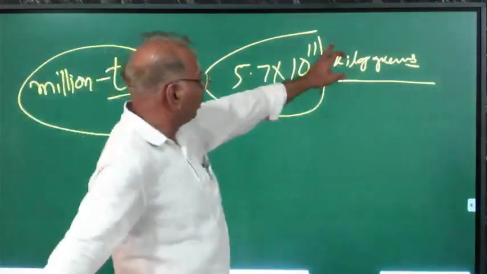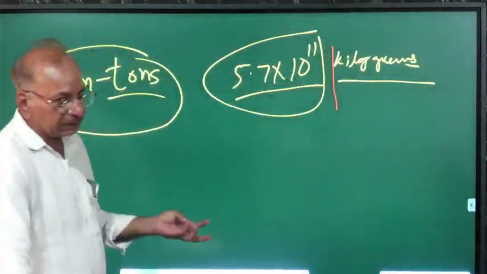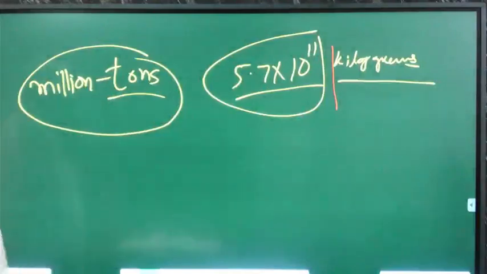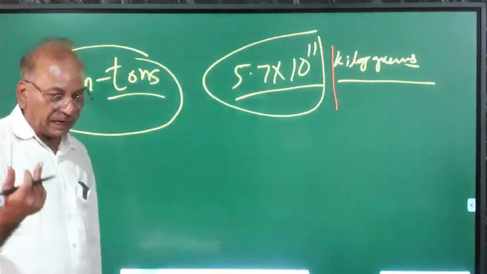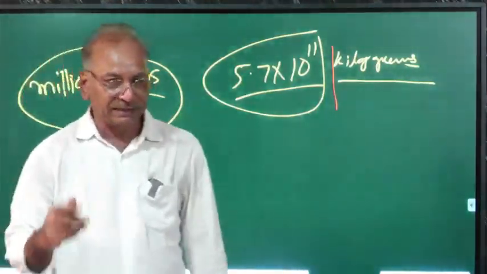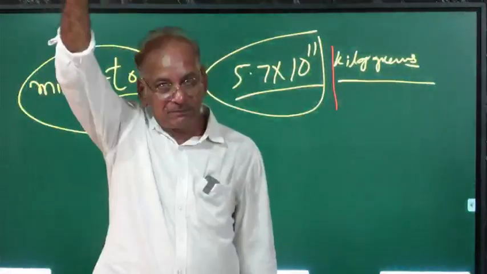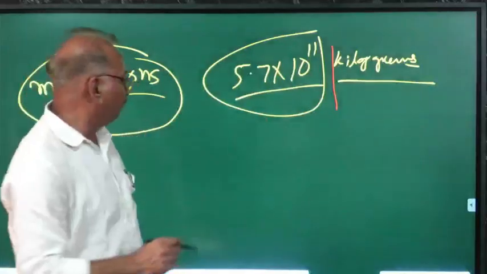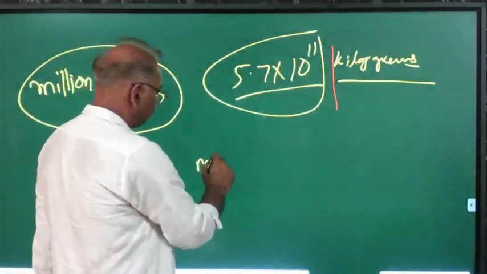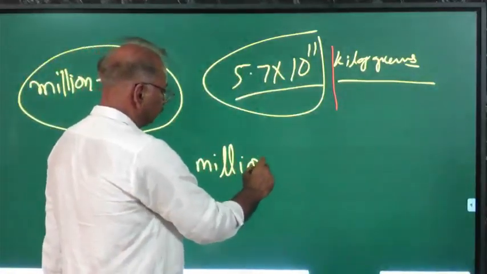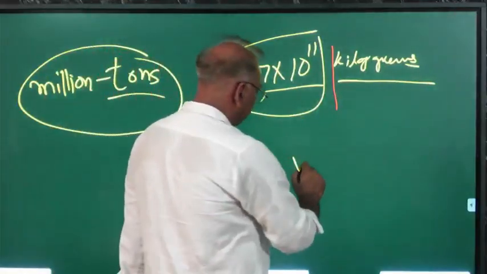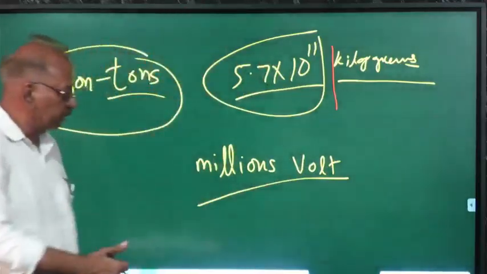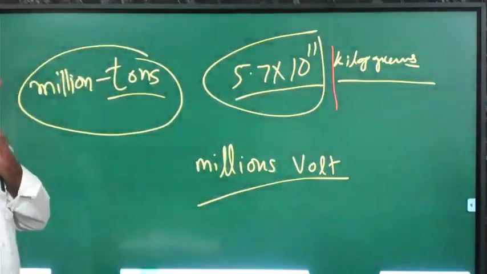Only one unit is required, that is kilogram or ampere or anything. We may get high currents also, like lightning. When lightning is occurring, we may have millions of volts in that particular phenomenon.